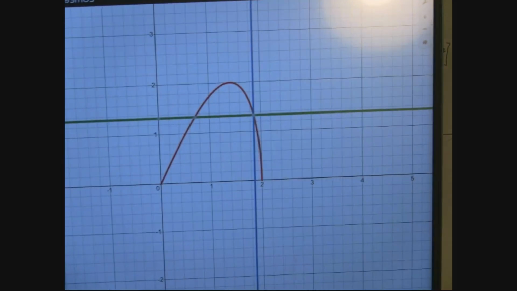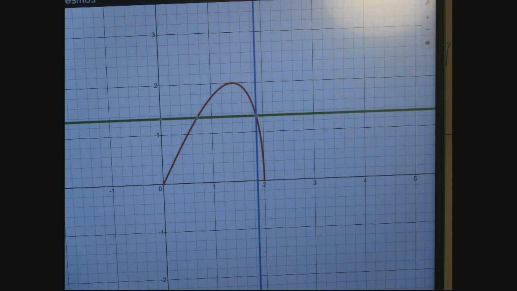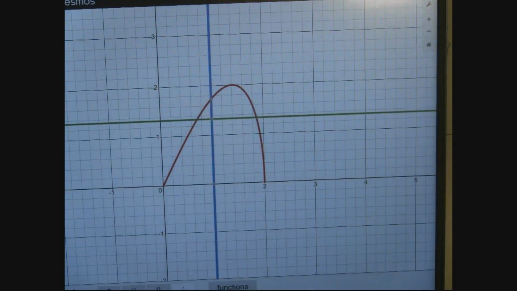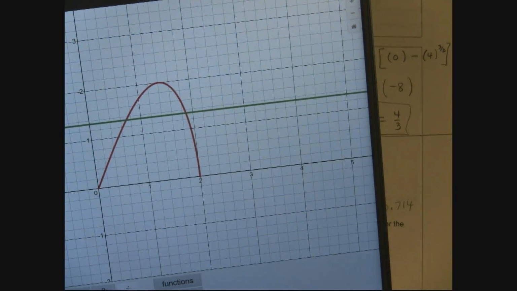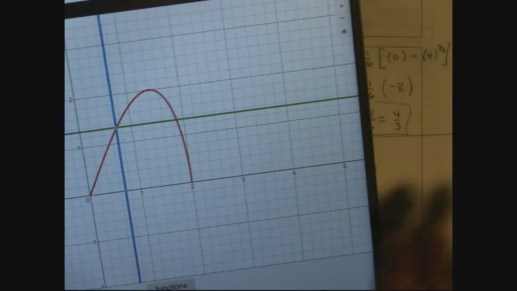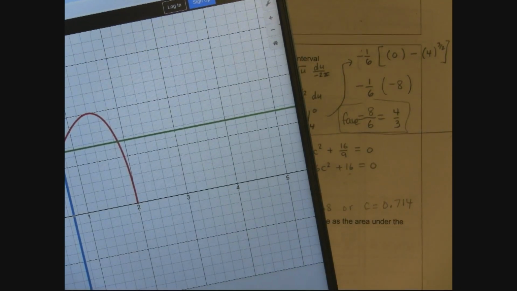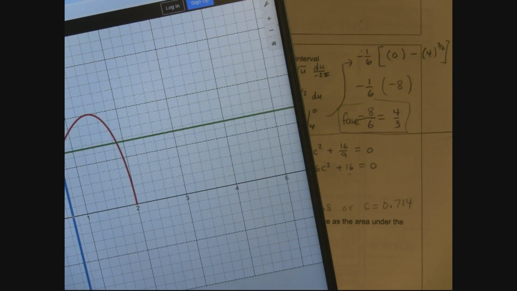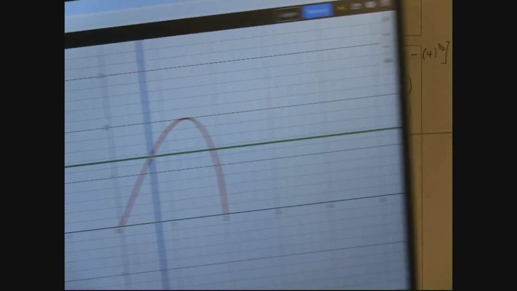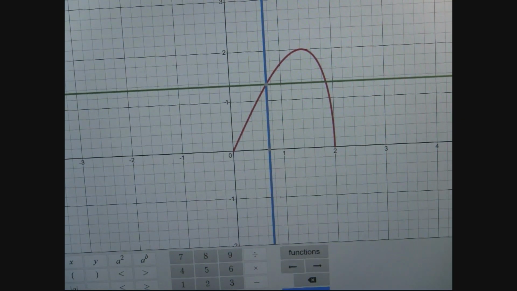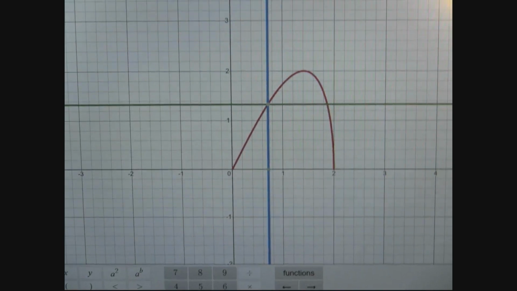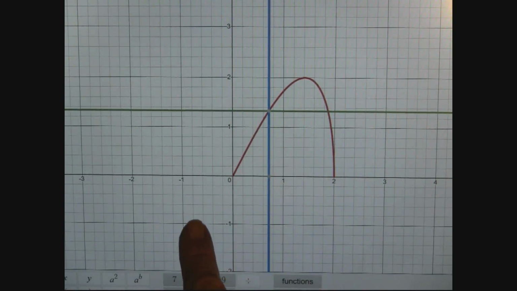And then they're saying that there's another place that happens, and that's at C equals 0.714. And you can see that that's at the same height on that curve there. So that's the reason. And the rectangle is still going.